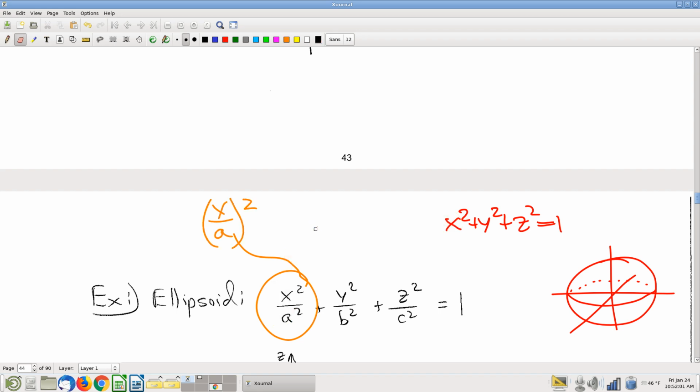A lot of students make the mistake of thinking, oh, I'm going to replace the x with x over a squared, and that's just not right, because everything you put in there gets squared. So you're replacing x here with x over a. Yeah?